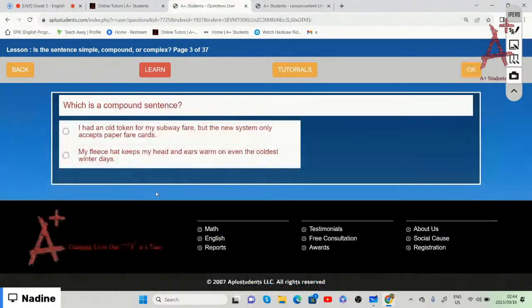Now we look to select a compound sentence, and remember we said a compound sentence consists of two simple sentences, and it is shown by a comma and a conjunction. I had an old token for my subway fare, but the new system only accepts paper fare cards. Or, my fleece hat keeps my head and ears warm on even the coldest winter days.